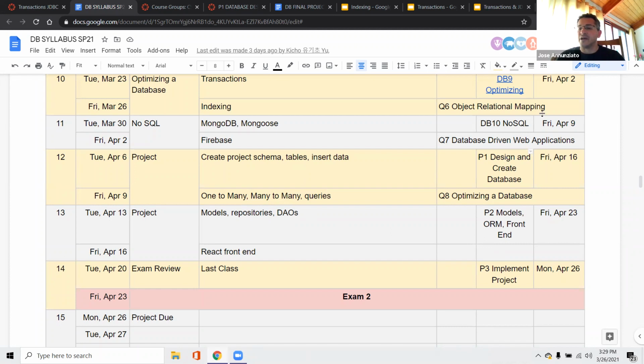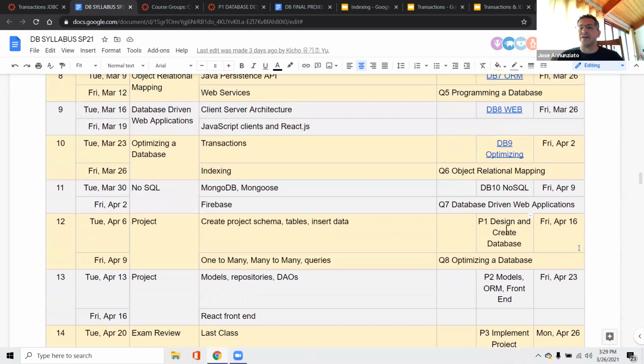There is a quiz ongoing today, quiz number 6. It is on object relational mapping. So pretty much what you worked on in assignment 7, where you were annotating classes to map to certain tables. You're annotating things to be auto increments. You're creating repositories, things like that.